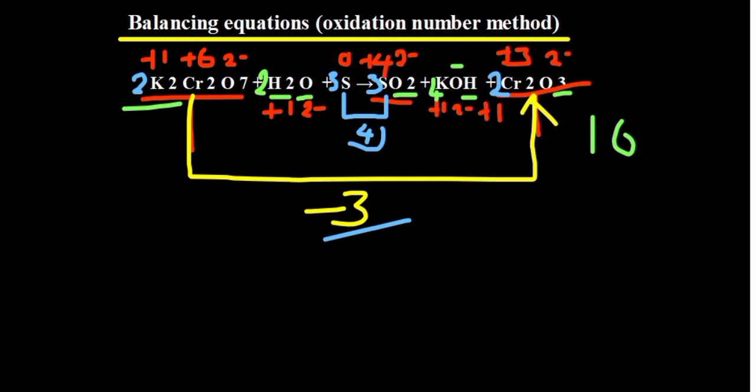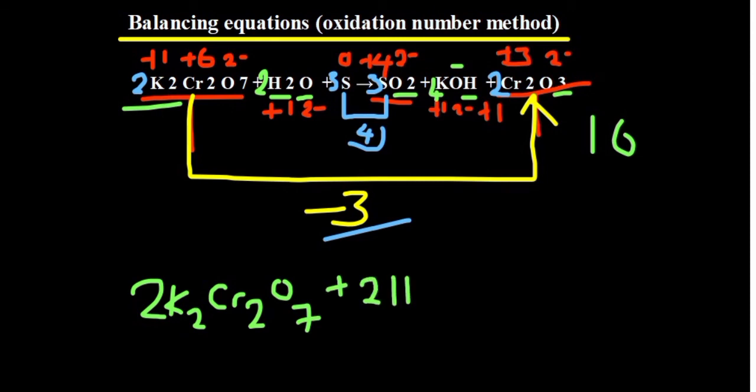So therefore our balanced chemical equation is going to be 2 K2Cr2O7 plus 2H2O plus 3 S. So that's on the reactant side.